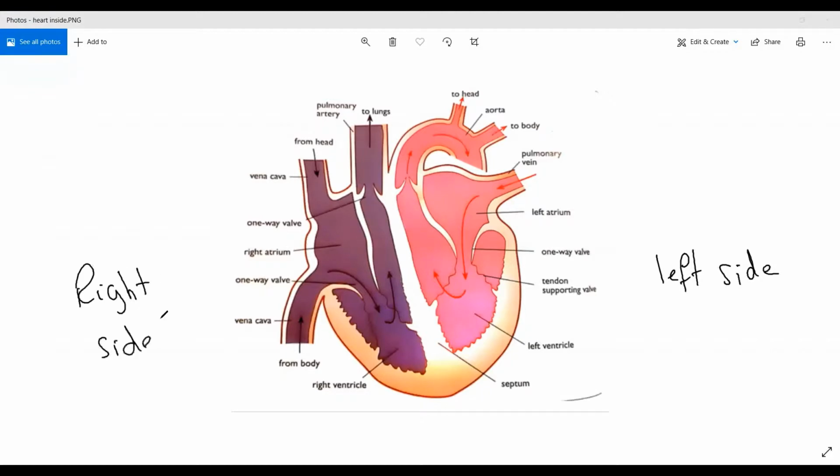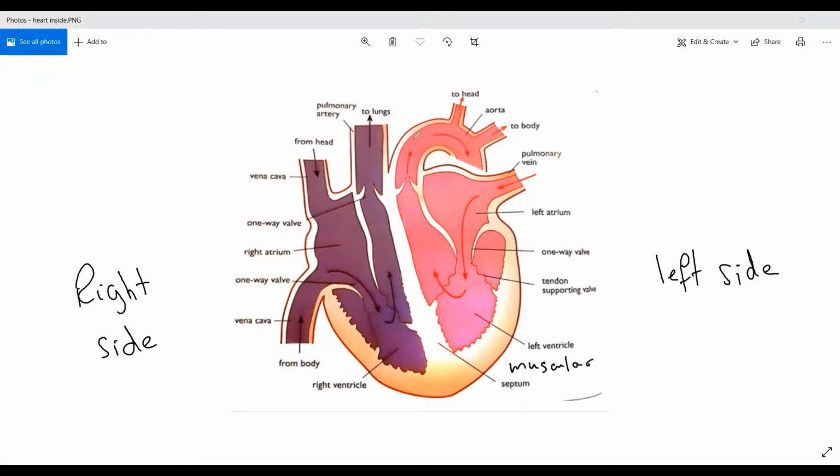So what is the partition between both of them that divided the heart into two sides? This wall is called the septum, and it is again formed of cardiac muscle. So we call it the muscular septum, a septum that is formed of cardiac muscle.